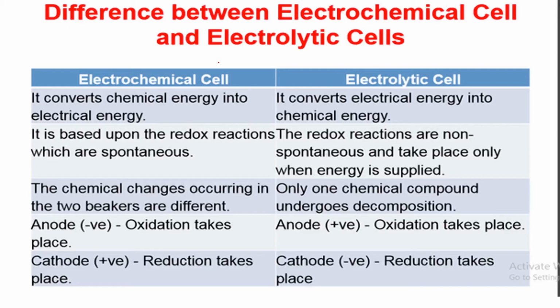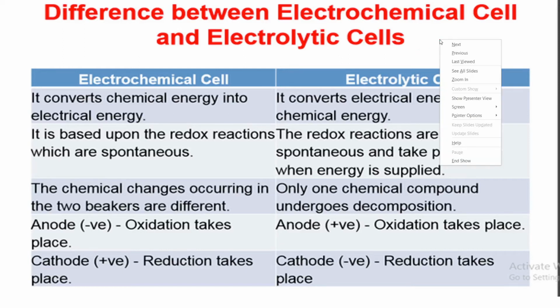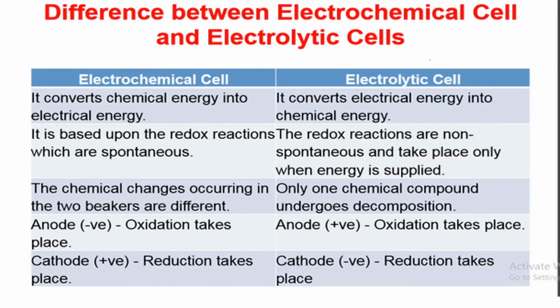Let us move to the next topic. If you check some question papers, you can see this question mentioned: give some applications or some differences between electrochemical cells and electrolytic cells.